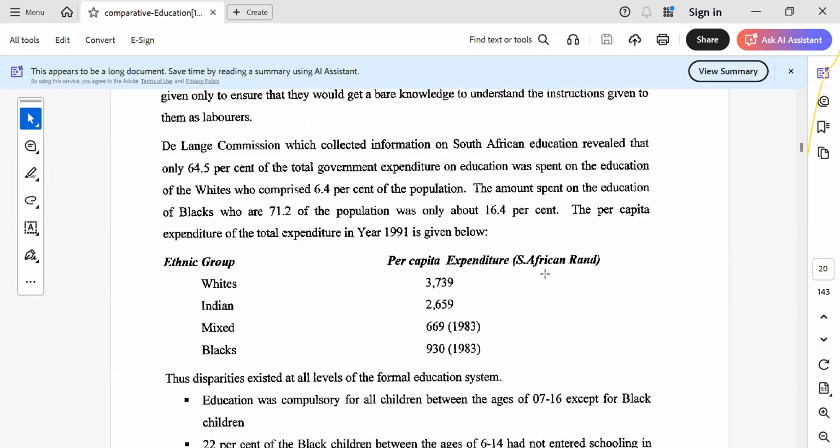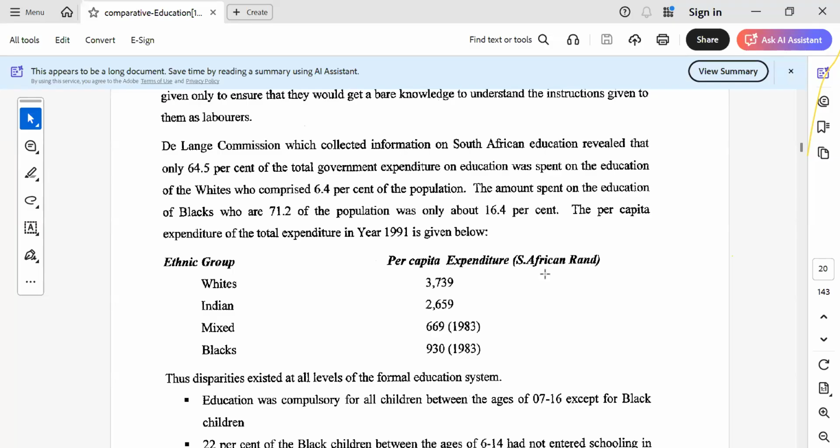So in this module, a lot of data is given, right? Here you can see the Lang Commission, which collected information on South African education, revealed that 64.5% of the total government expenditure on education was spent on the education of whites, who comprise 6.4% of the population.